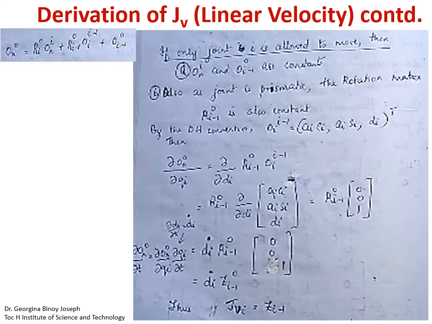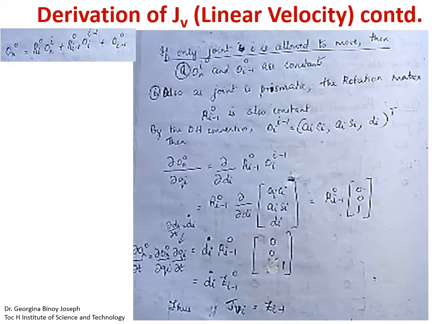Now to simplify this derivation, let us assume that only one joint, the joint i, is allowed to move. In that case, On and Oi minus 1 to 0 are constants. Our joint i only is going to move, so Oi, i minus 1 only is going to have a movement.